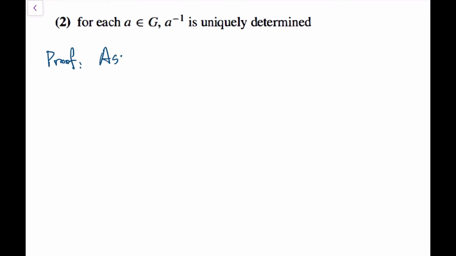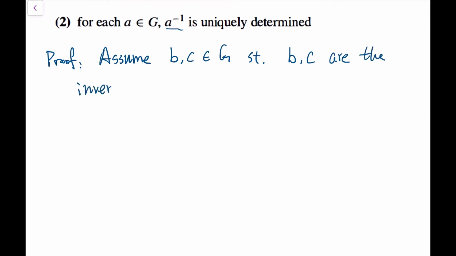Here we don't use the notation A inverse like this. We just use B and C in G such that B and C are the inverses of the element A. Right. Then we just show that B and C are equal.